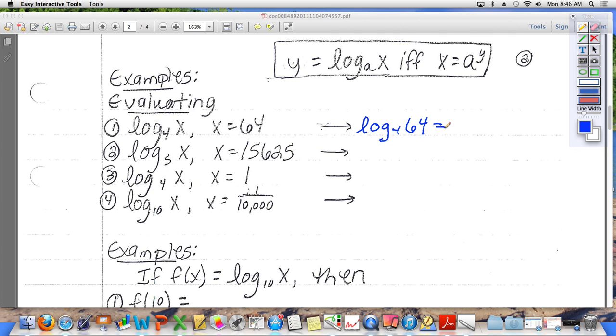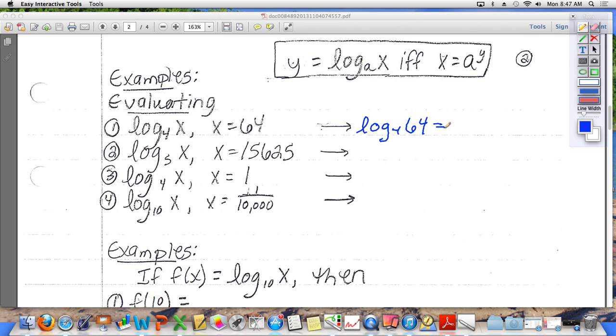This no longer is something that you can just type into your calculator. The calculator does everything in base 10. This does not have base 10. What is it? Base 4. So by the way, this is logarithmic form. We need to change this so that it is in exponential form.